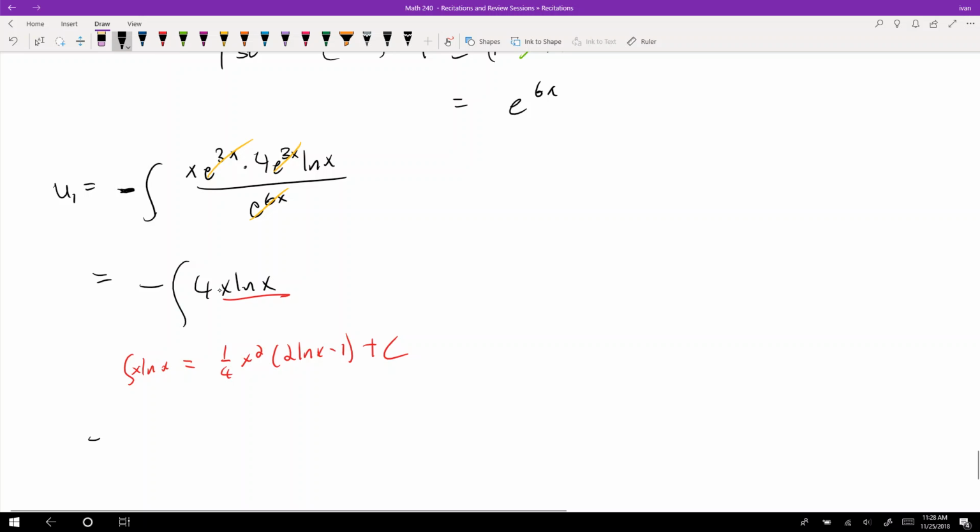But remember that we don't need constants of integration in variation of parameters, so this becomes negative 4 times 1/4 x squared (2 ln x minus 1).